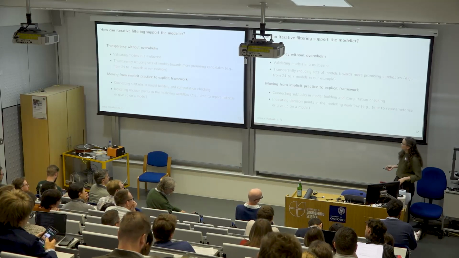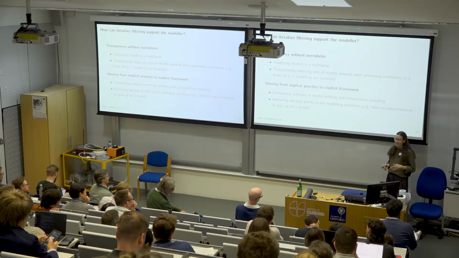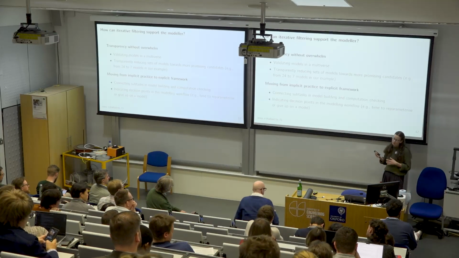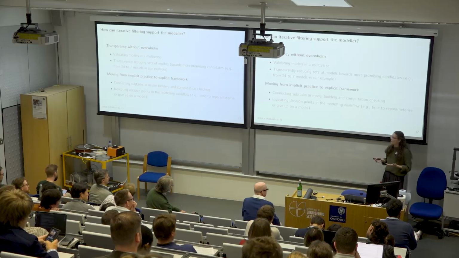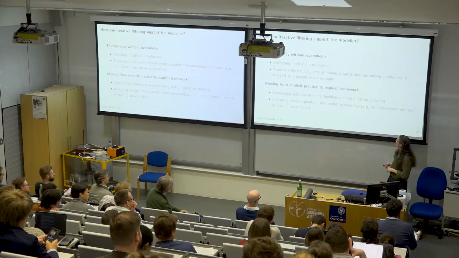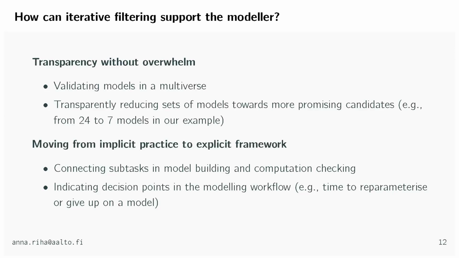Then, this approach also indicates decision points in the workflow. Maybe you know Andrew Gelman and Aki Vehtari's paper on Bayesian workflow, with many co-authors, and you might remember that at some point you may want to give up on a model. In our case, we gave up on the Poisson models in this example. So we can use iterative filtering to indicate those decision points in the modeling workflow to some extent.